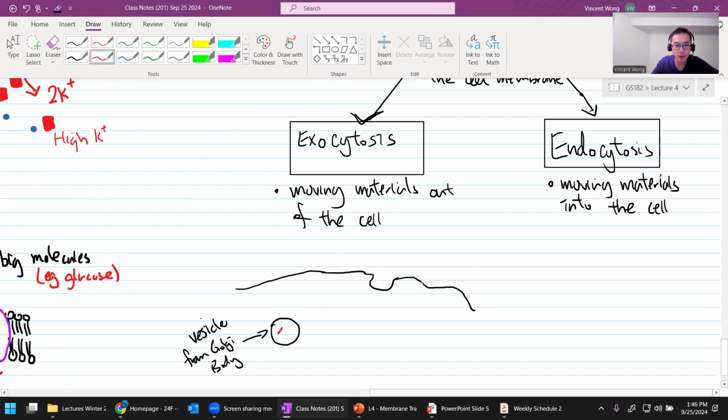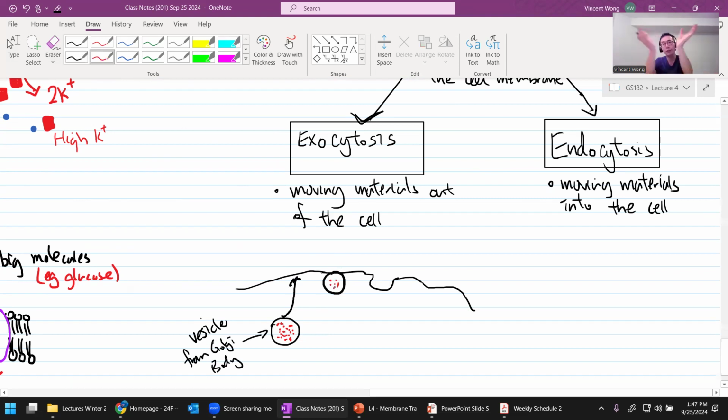In this vesicle would be a lot of proteins. Okay, different proteins. So there are different places this can go, right? And one of the possible paths would be for it to go to the cell membrane. Okay, this is like a series of events, okay? So this would go and it would touch the cell membrane.